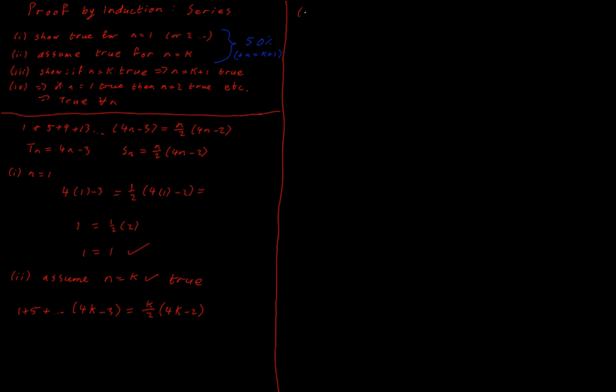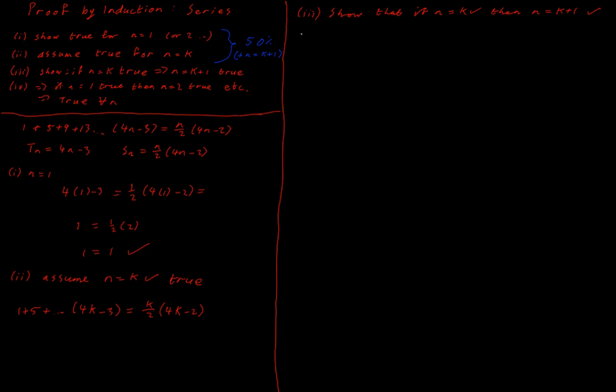Part 3, this is where the real maths happens. I want to show that this is the n equals kth term of my series. I want to show that if n equals k is true, then n equals k plus 1 is also true. The next term must also be true.